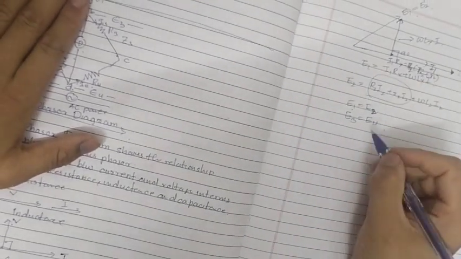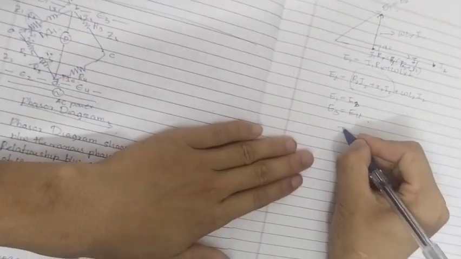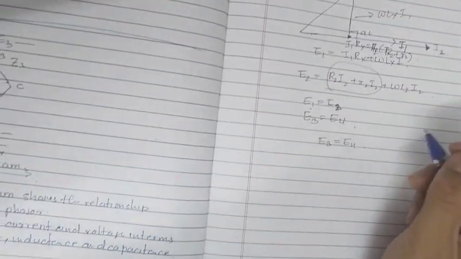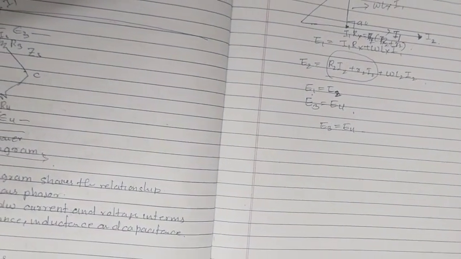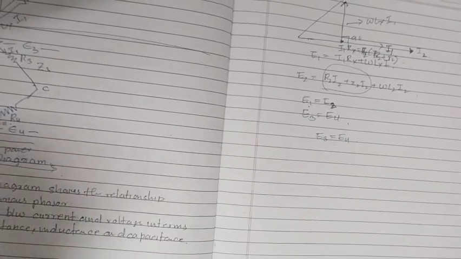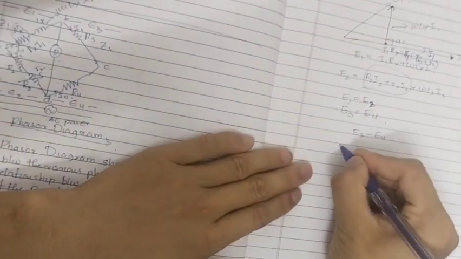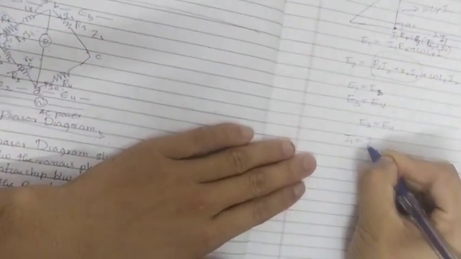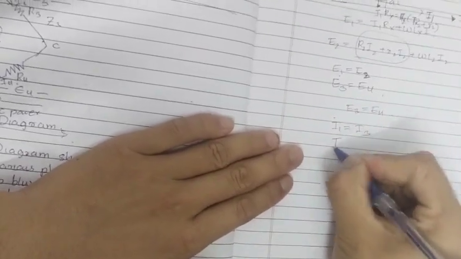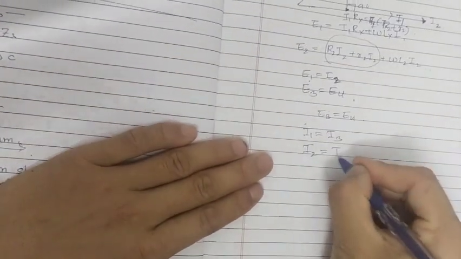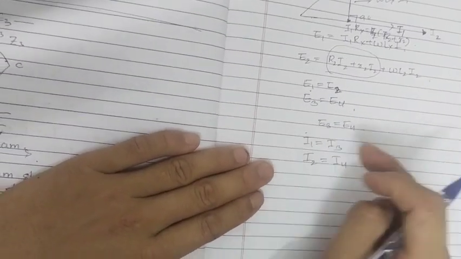Now in a similar case, we have to look into E3 and E4. When the bridge is balanced, no current will flow in the detector. That means I1 will be equal to I3 and I2 will be equal to I4.